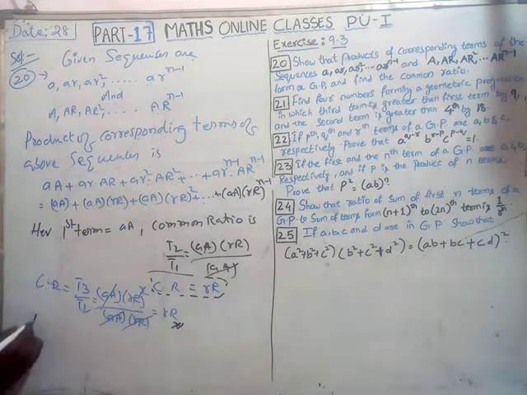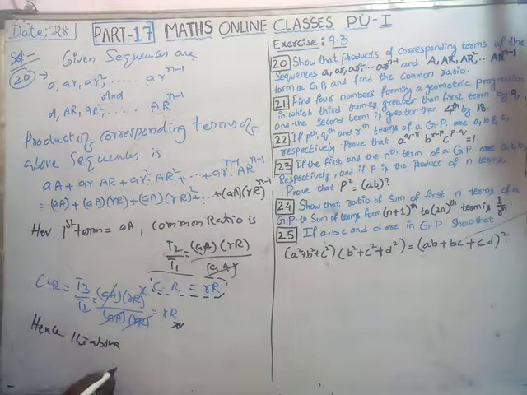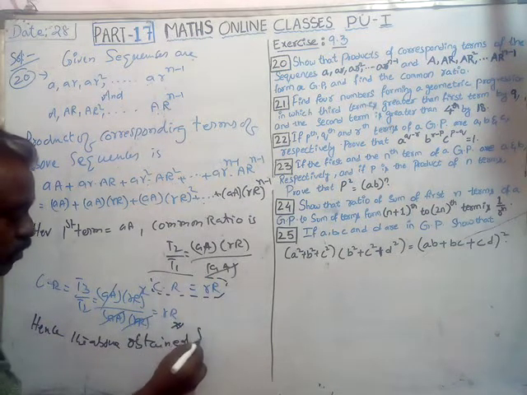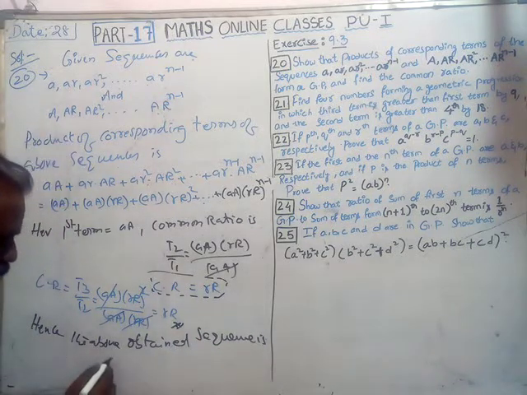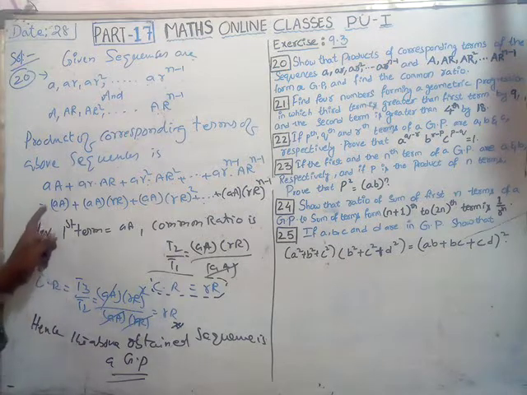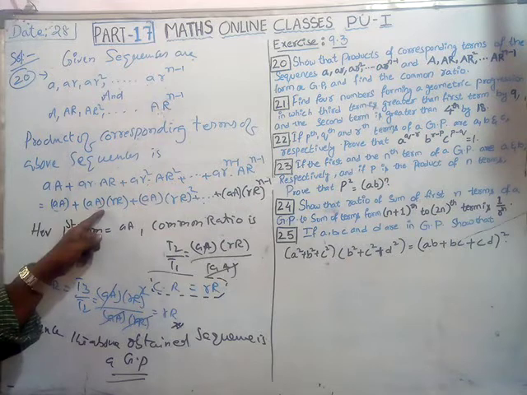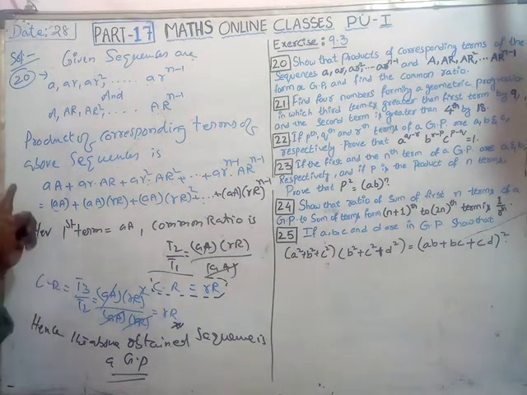Hence, we can conclude that the above obtained sequence is a GP. How can we say it is a GP?